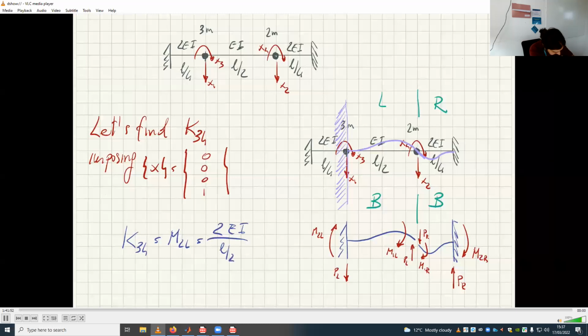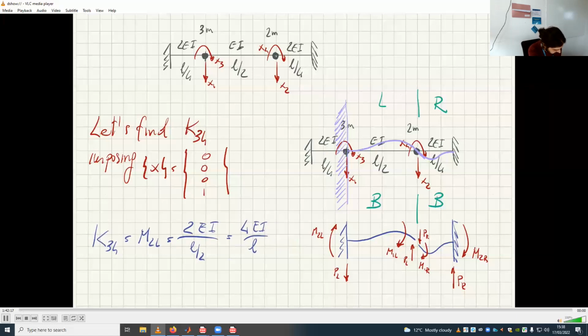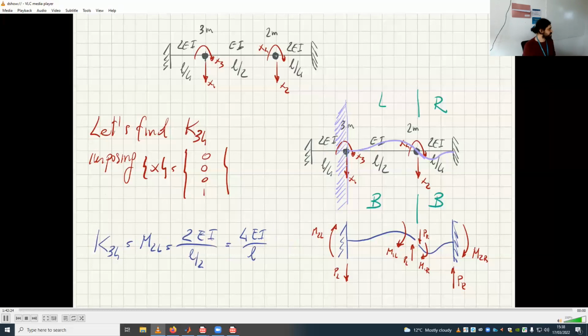And this is 4EI over L. Is this correct, Alessandro? I found 8. You found 8? How did you find 8? What does the solution say? It says 4. Ha. So the solution is correct, or at least I got the same as the solution.